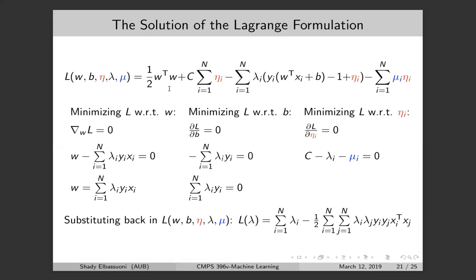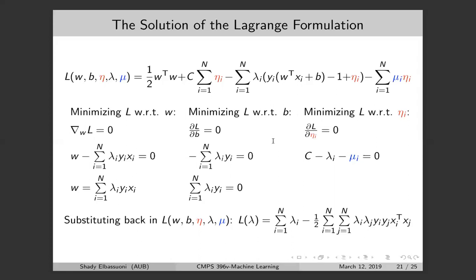Because you have C summation from I equal 1 to n eta I minus summation lambda I eta I minus summation mu I eta I. So you can take eta I as a common factor, you get C minus lambda I minus mu I, which is always equal to 0 from this equation. So it goes away completely. Got it?